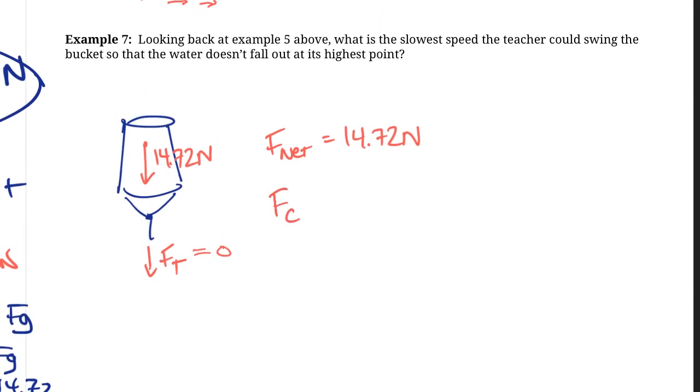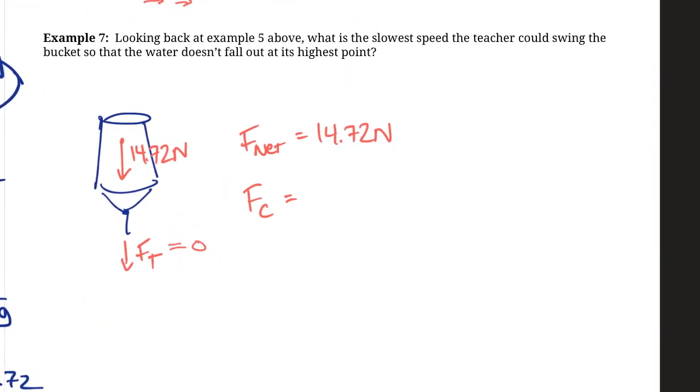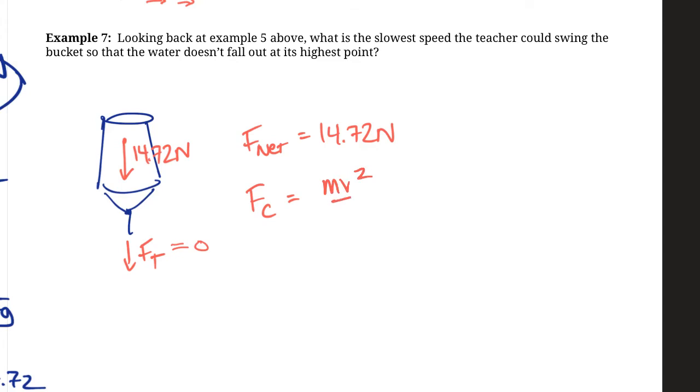So this is also the centripetal force, which is equal to mv squared over r. We're trying to solve for v here, so I can rearrange this equation. v equals the square root of Fc times r over m.